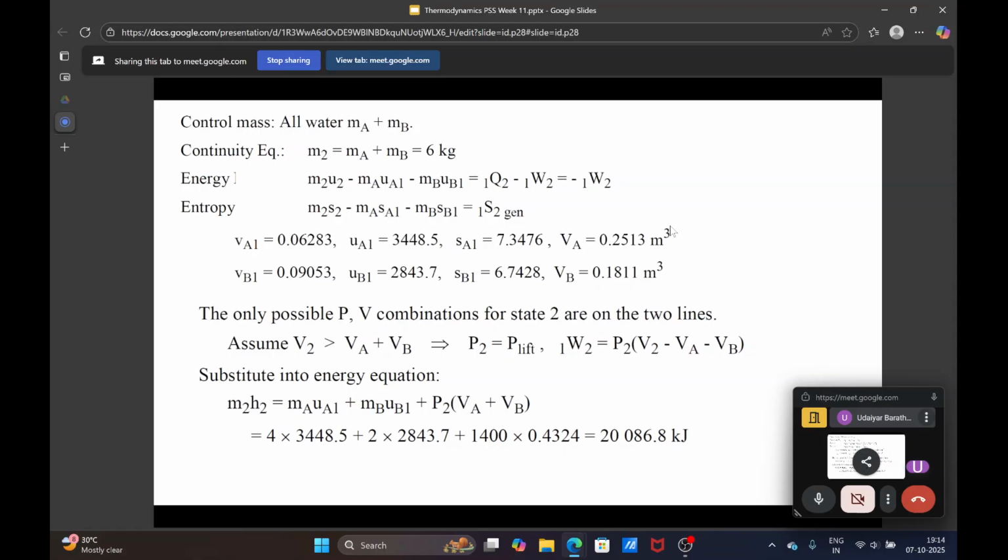So rearranging, what we get is M2 H2 equals MA UA plus MB UB plus P2 times Va plus Vb. So substituting the values here, we get M2 H2 as 20,086.8 kilojoule.